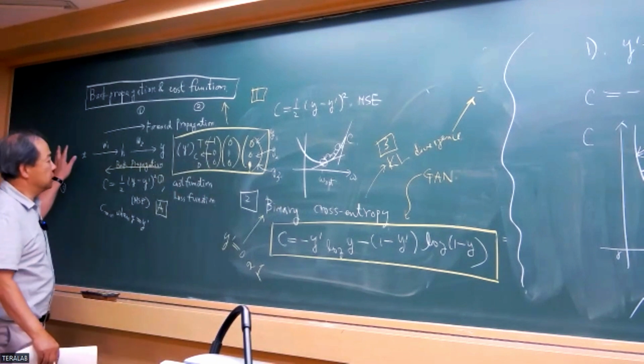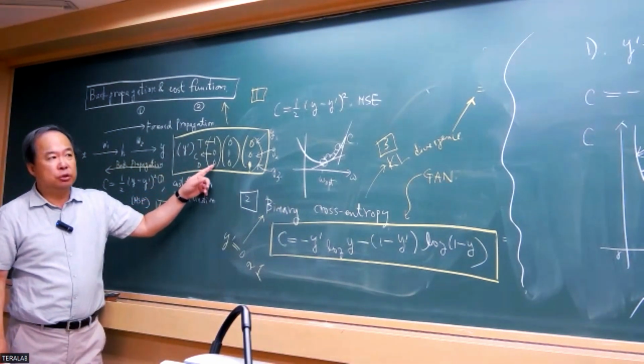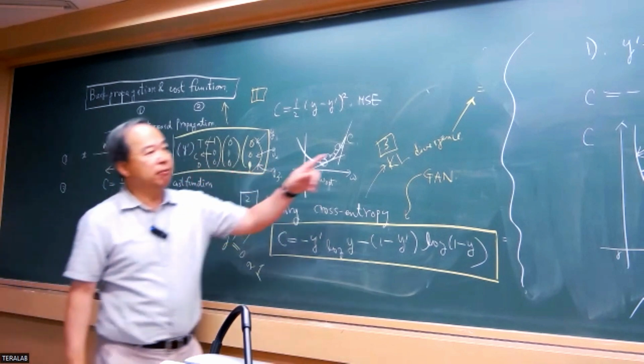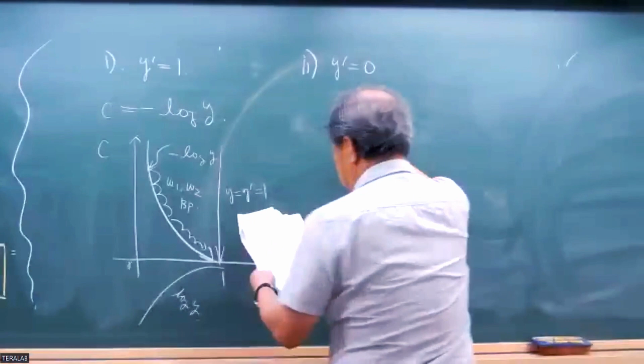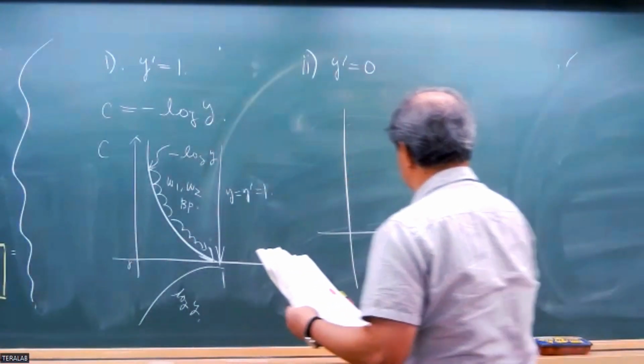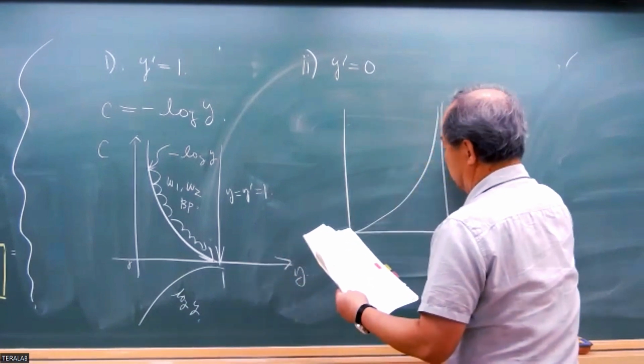If your picture is a tiger picture, this third element should be 0. That is the case for y dash is equal to 0. Then this graph is becoming like that.